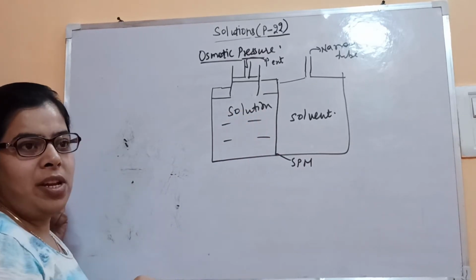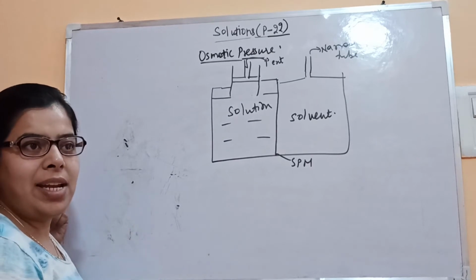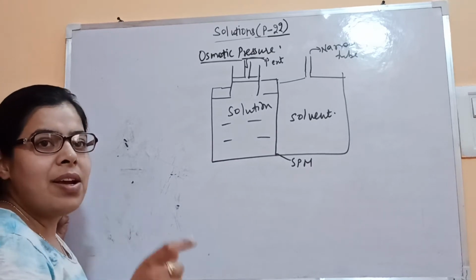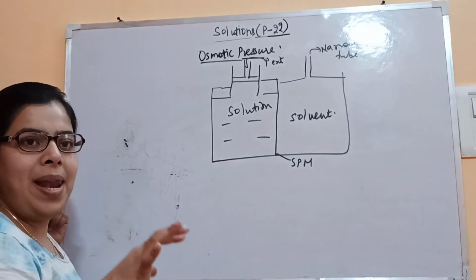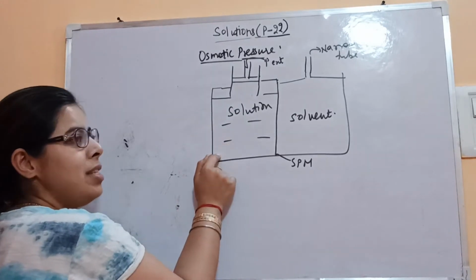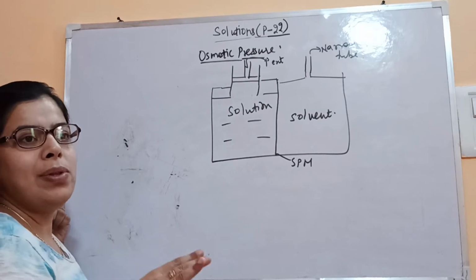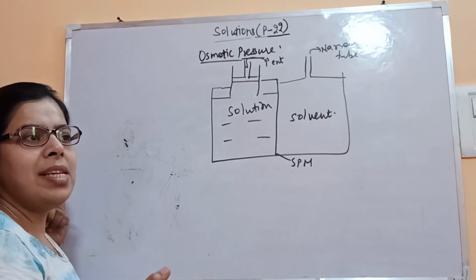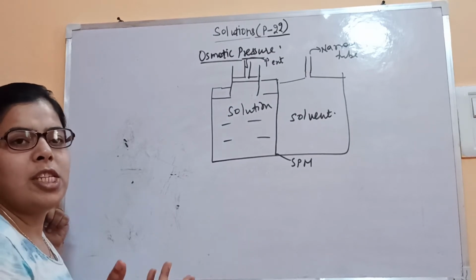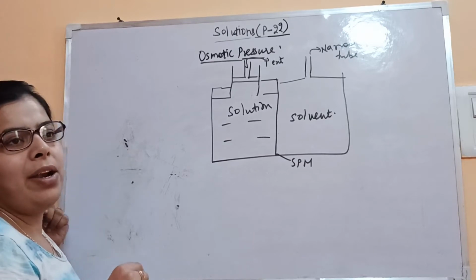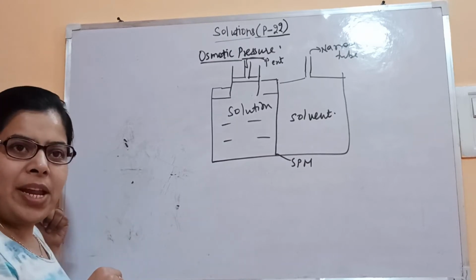So this pressure is known as osmotic pressure. That is the external pressure applied to the solution side so that the entry of the solvent molecules can be stopped, or you can say to stop the osmosis process. That is also the osmotic pressure.